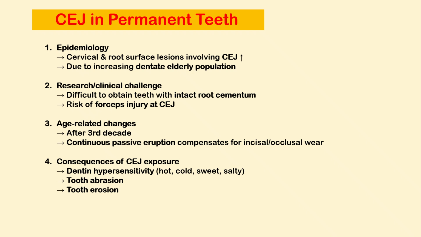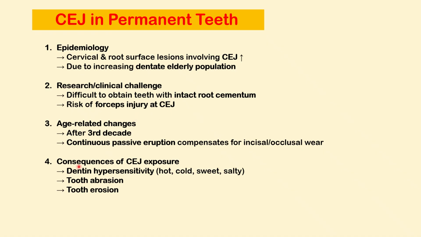So coming to the cementoenamel junction in permanent teeth. In this, the cervical and the root surface lesions involving cementoenamel junction increase, and it is difficult to obtain teeth with intact root cementum in the permanent teeth, and also there is risk of forceps injury at the cementoenamel junction.